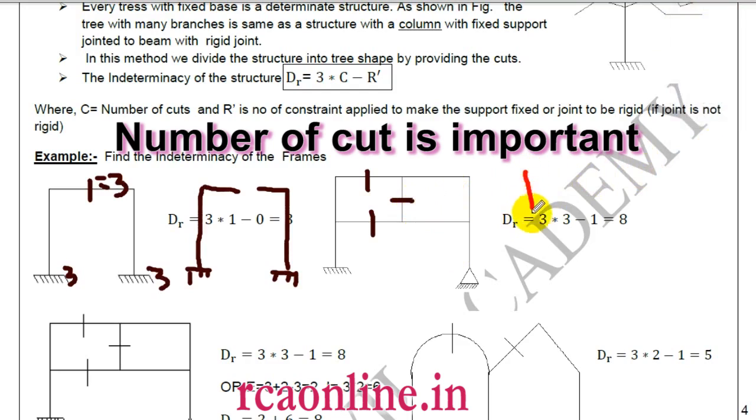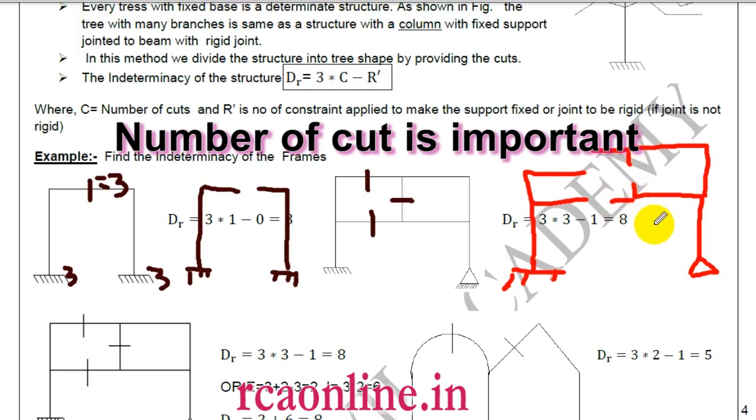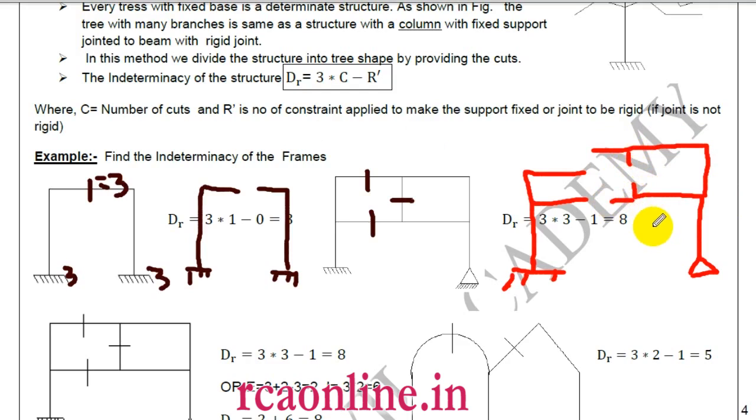Okay, so what will my cut tree look like? So these are my 2 trees. So what is the static indeterminacy now? It will be based on 3 cuts, so 3 into 3, 9.